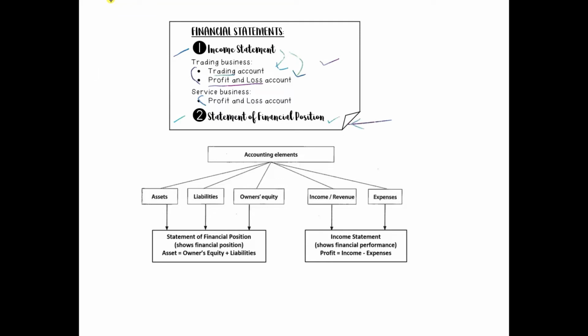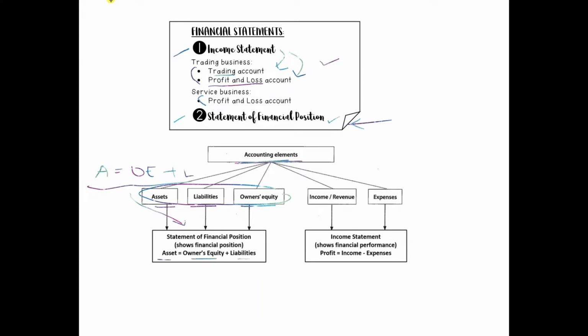So now let's take a look first, okay? We have already learned about the accounting elements all this while, okay? The assets, the liabilities, and owner equity. All these accounts are under the accounting equation, remember the accounting equation, A equals OE, owner equity, plus liability, okay? These accounts will go into the statement of financial position: asset, owner equity, and liabilities.